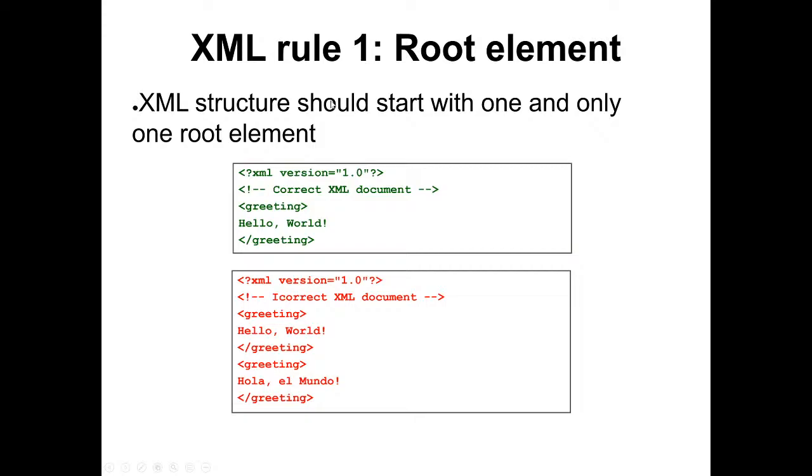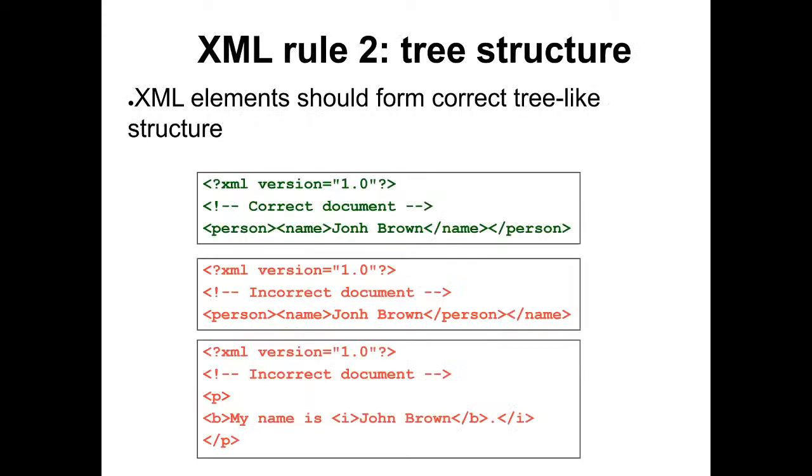Yeah. All the XML documents must have the root element, as I mentioned. Then there should be the tree structure. That's also what I said, comparing to some elements of HTML documents.